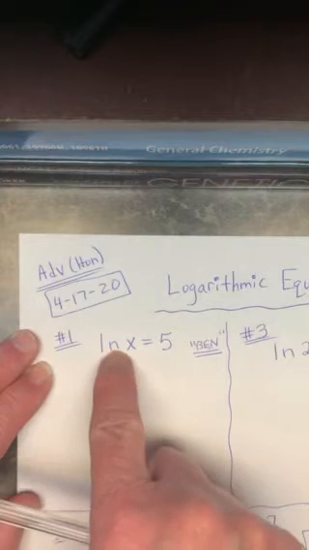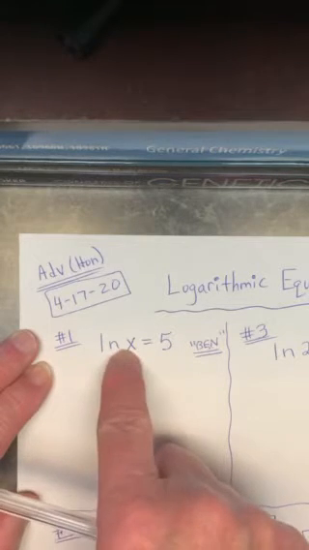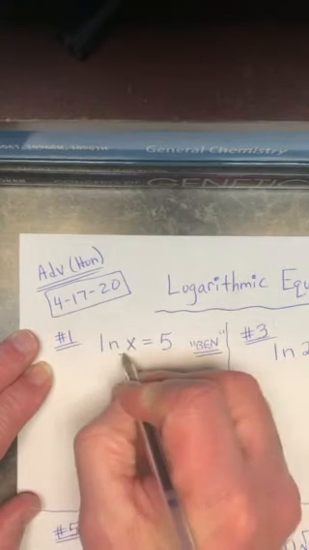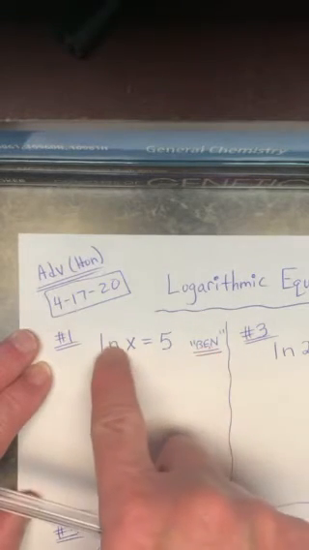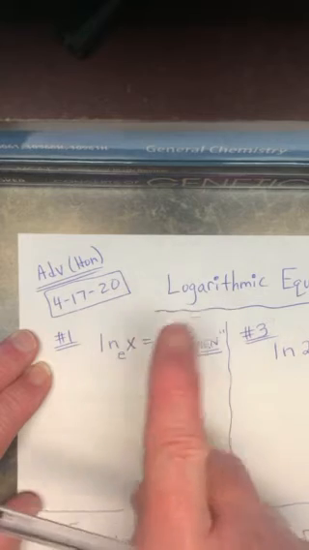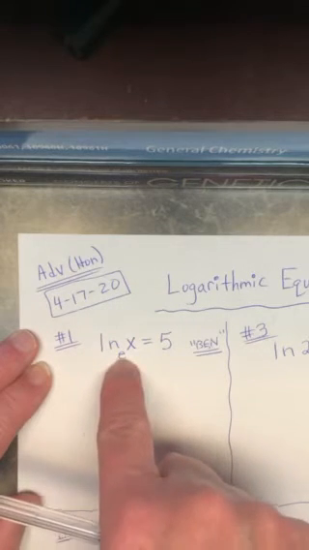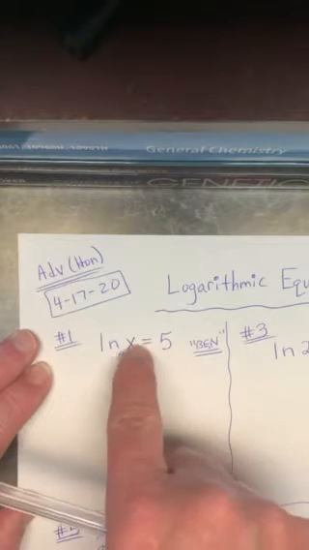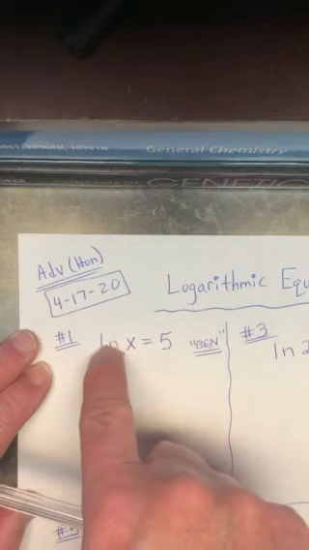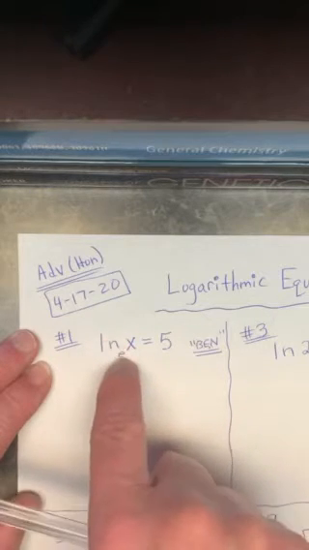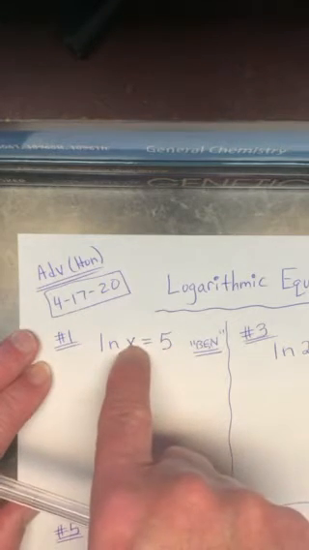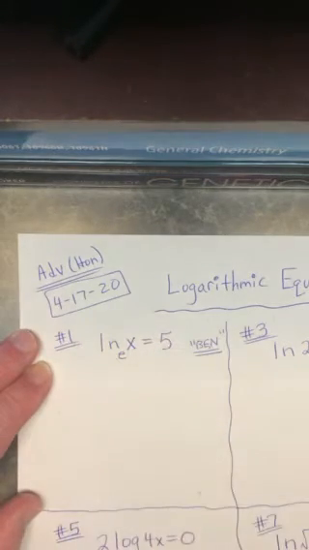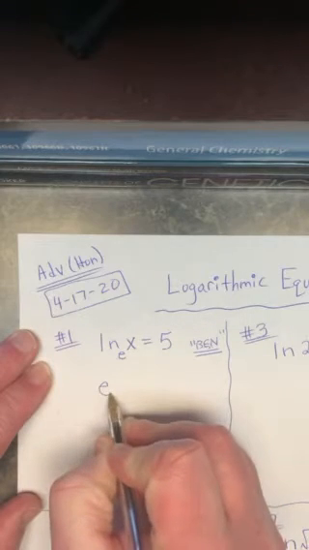So if this is an ln, a natural log, do you agree that the base underneath is understood to be an e? So if I use the Ben idea, every time you see the word log, follow the bouncing finger here. We have a base, an exponent, and a final number. So guys, technically using Ben here, my base is e.